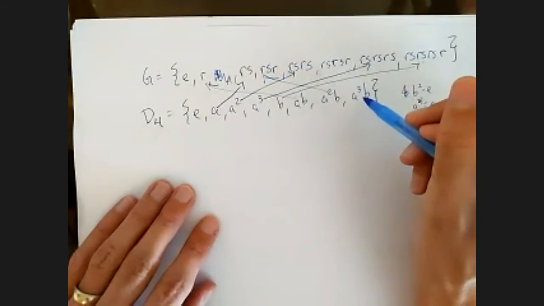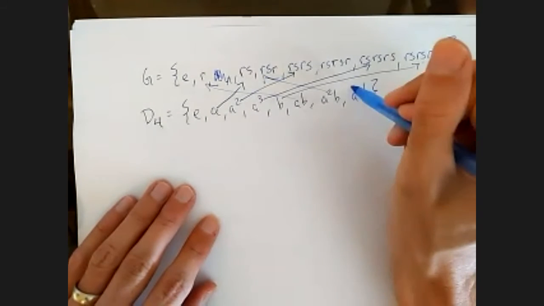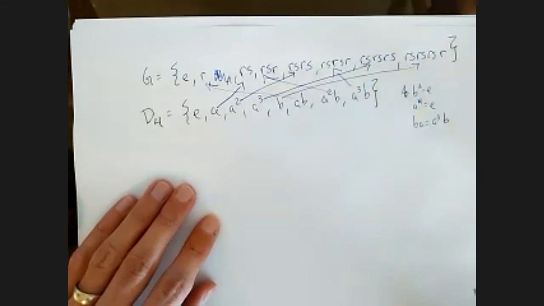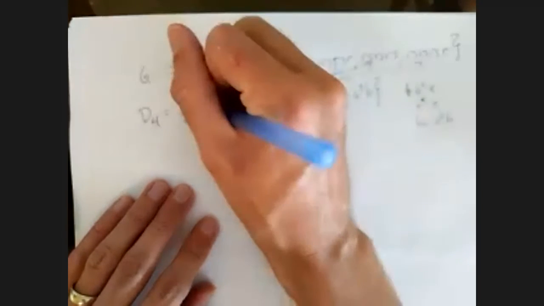And A cubed B has to go here. And then the identity goes to the identity.